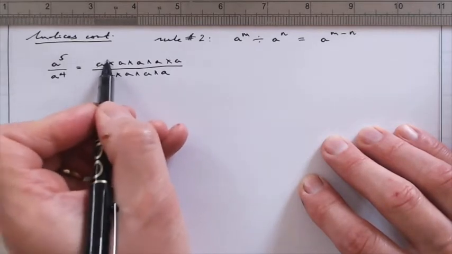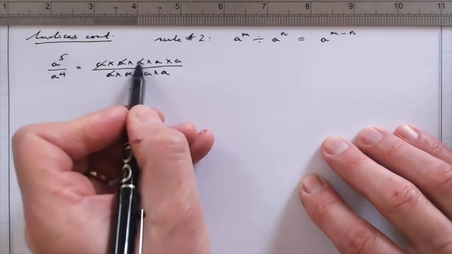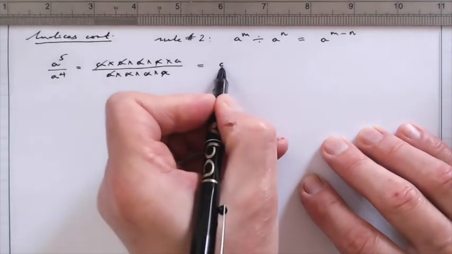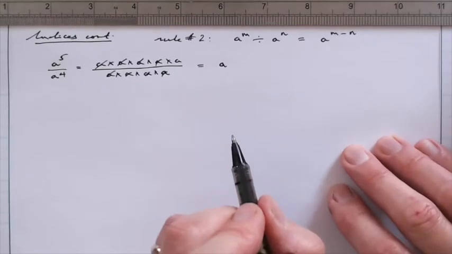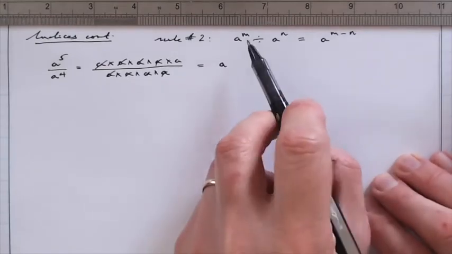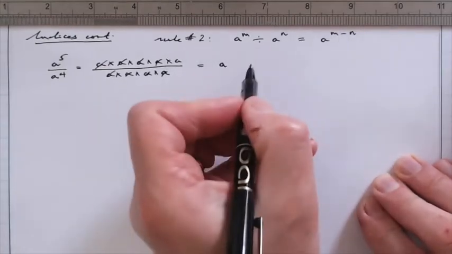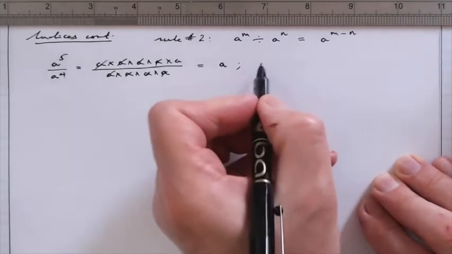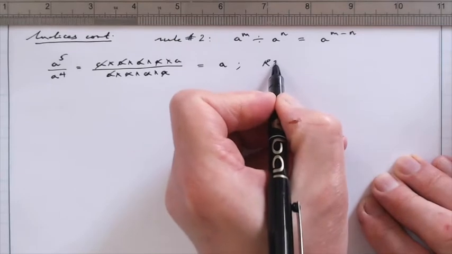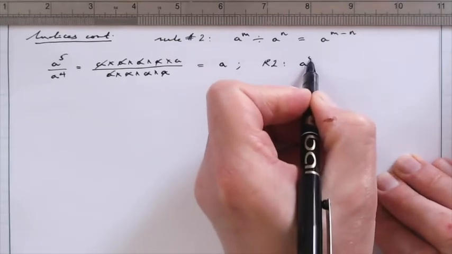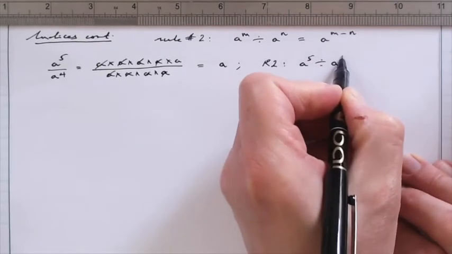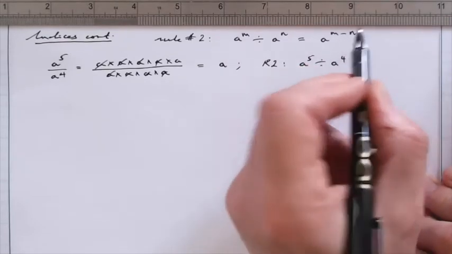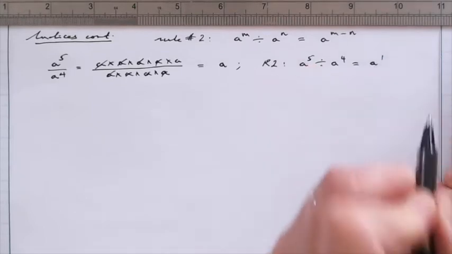I can strike out 4 of these factors of a, just leaving me with 1 a on the top. Now, had I implemented rule number 2 to do this problem more rapidly, I would have found that a to the 5 divided by a to the 4 is equal to a to the 5 take away 4, which is a to the 1.